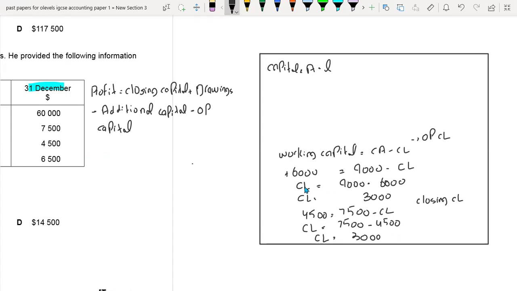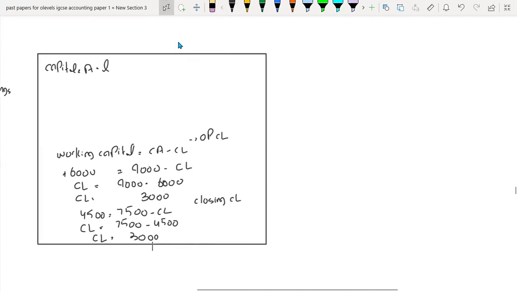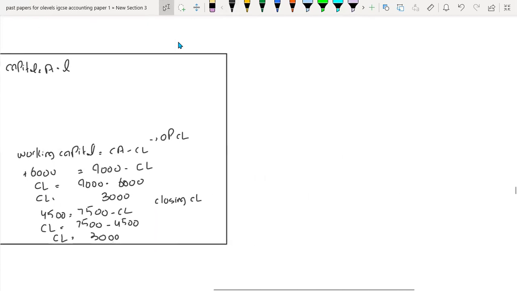So what's the answer for this? First of all, let's find out the capital at the end of the year and the capital at the start of the year. Okay. So first of all, capital at the end of the year.